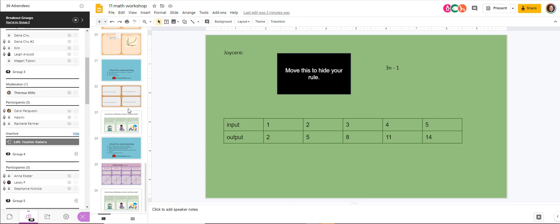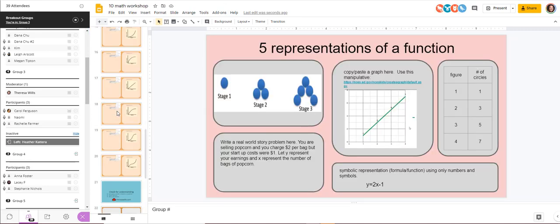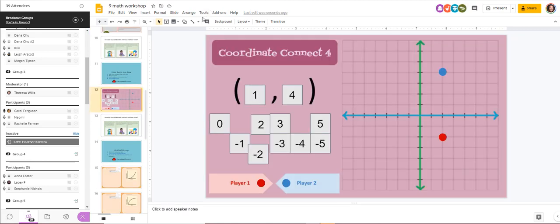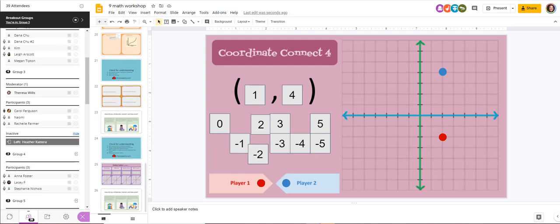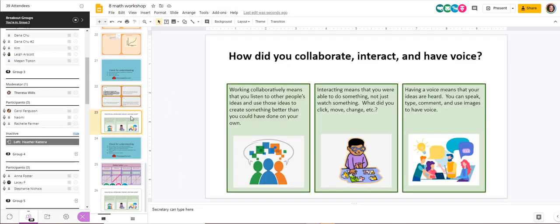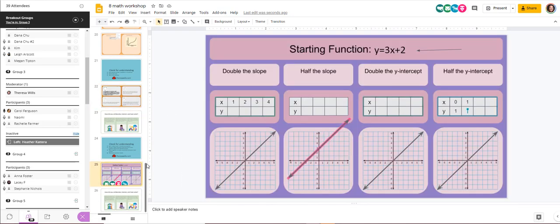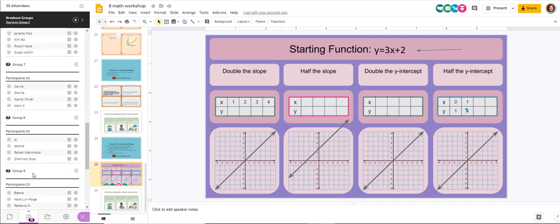If they did this, you would mark that first. Player one would take their little dot and put it, let me see if I get this right, at one.